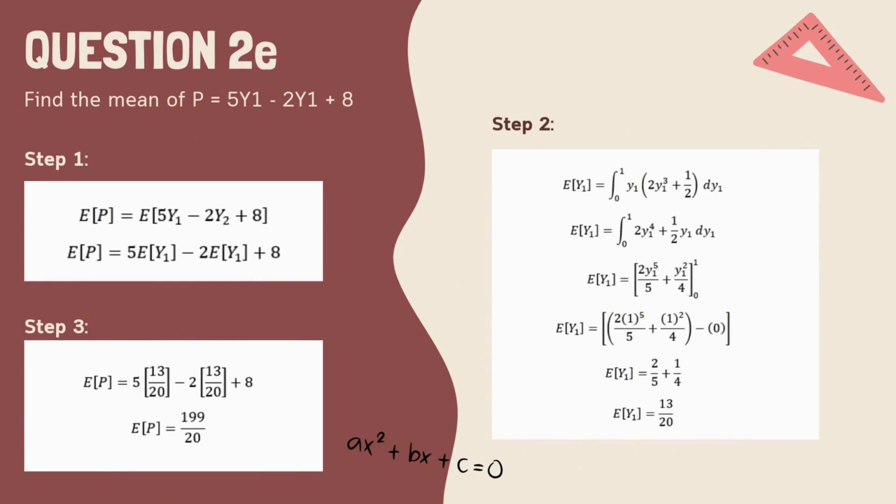To find it, we integrate y1 times the probability density of y1. Then after solving the integral, we get E(y1) equals 13 over 20. Then we plug this value into the formula. So the mean is 199 over 20.